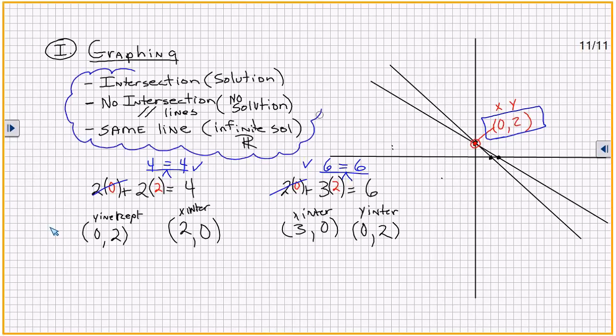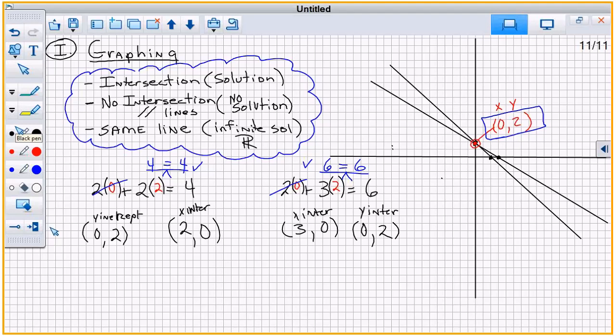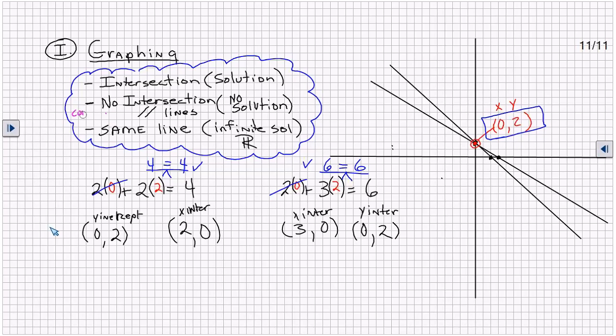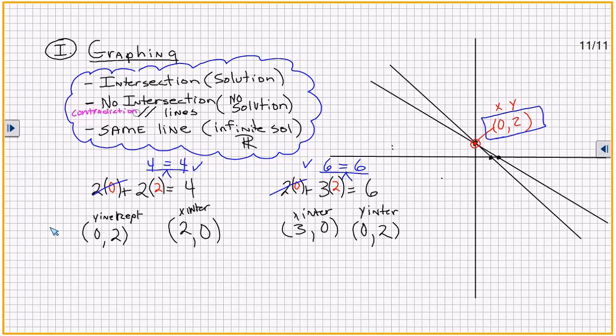Now, I will say one more thing. We talked about this earlier with the solutions to an equation. Remember when I told you that you have an untrue statement, which is called a contradiction? When you're doing the next couple of methods, you don't graph the lines.